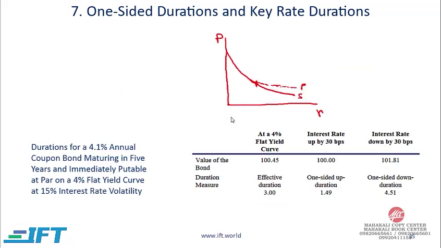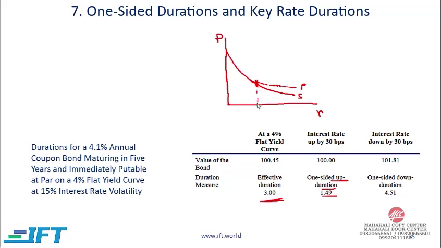Here we do a similar analysis for a puttable bond, and I have drawn this line to represent the price of a puttable bond at different interest rates, and the solid line represents a straight bond. Now, let's say we are at this point. The effective duration is 3. The one-sided up duration is 1.49.